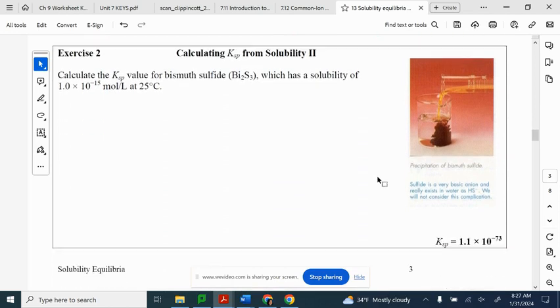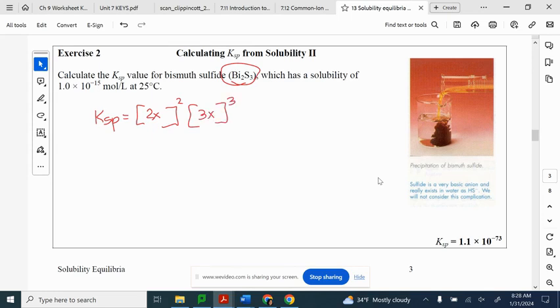We're calculating KSP from solubility. So again, they're giving us the KSP of this guy, of the whole thing. But now we've got more parts in there. Okay? So KSP is going to equal our bismuth here, which is actually 2x squared, and this guy is going to be 3x cubed.